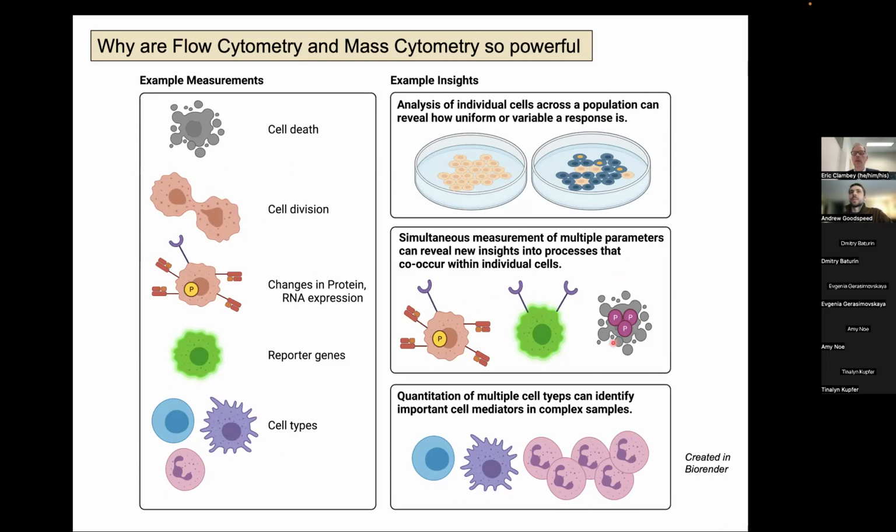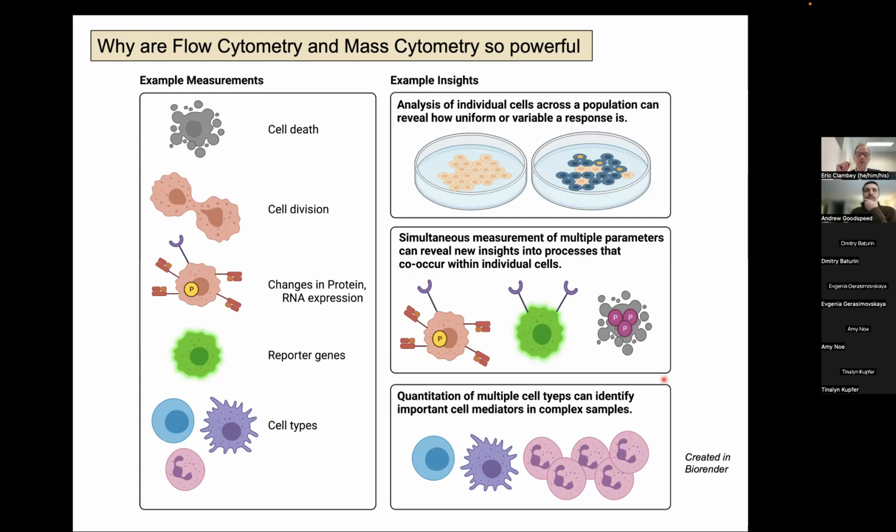So for instance, in this cartoon, the cell on the right-hand side is undergoing apoptosis and has a unique post-translational modification of a protein identified by this purple P. In contrast, this cell has induced a reporter gene as well as expression of a cell surface protein, in contrast to the cell on the left-hand side, which has a distinct protein phosphorylation event as well as distinct cell surface protein expression relative to these other two cell types. So imagine that you're applying this level of resolution to the above scenario, comparing response to a chemotherapy.